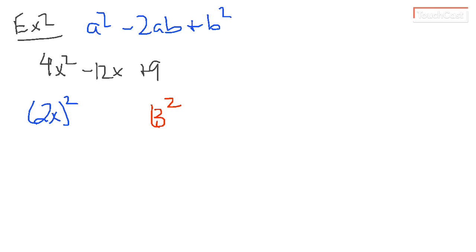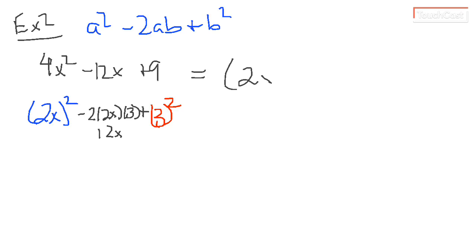So if we can write the minus 12x as minus 2 times 2x times 3, we're good. I just want to check, is 2 times 2x times 3 equal to 12x? 2 times 2 is 4, and 4 times 3 is 12, so we do have 12x in the center, which means we can factor this fairly easily.